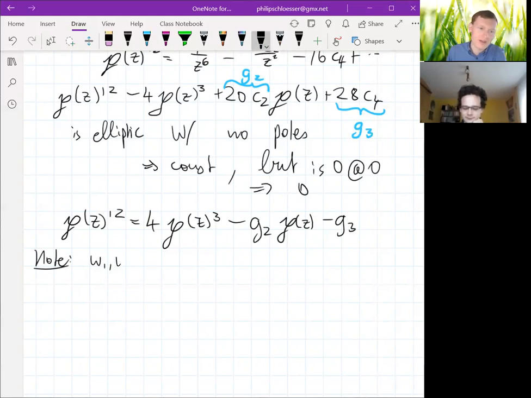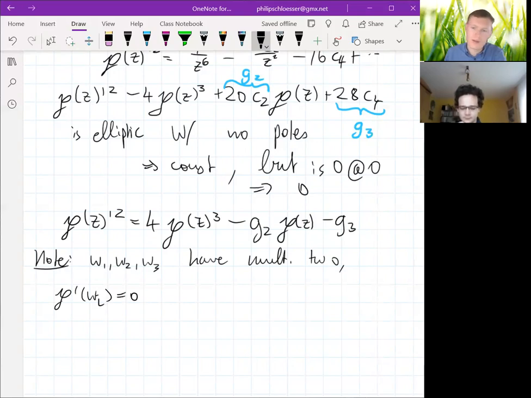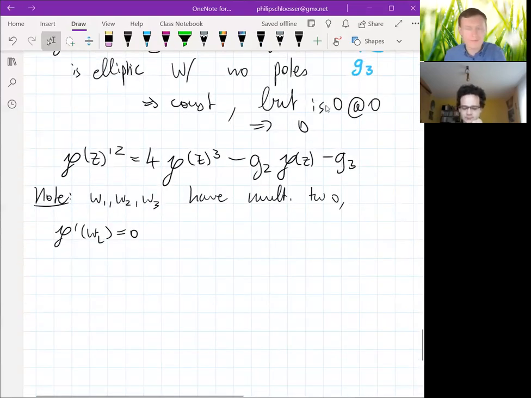So omega-1, omega-2, omega-3 have multiplicity 2. We have that the derivative is 0 for those things. But what does that mean?